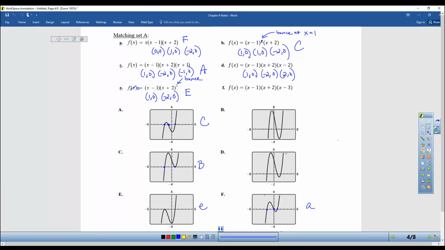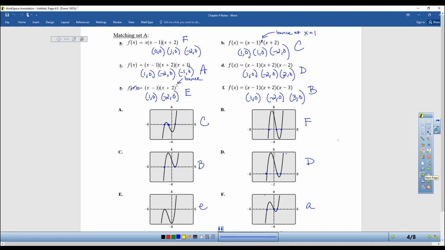We already have B. Negatives, here we go. -2, 0, and 2. So D. Oh, and D, they match. So by default, this one has to be F, but let's quick check. 1, 0, because you could have done one wrong like I just did. Or 3, 0. So -2, 1, and 3. Yep, that totally checks.